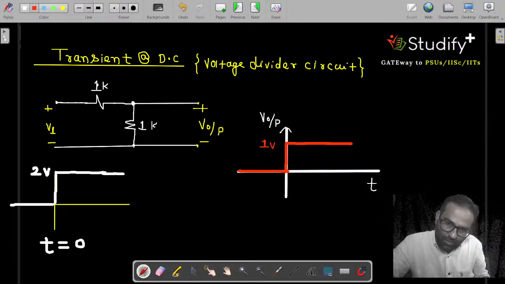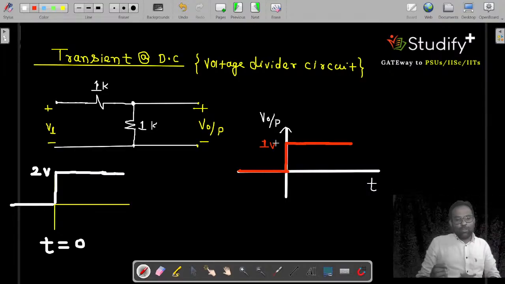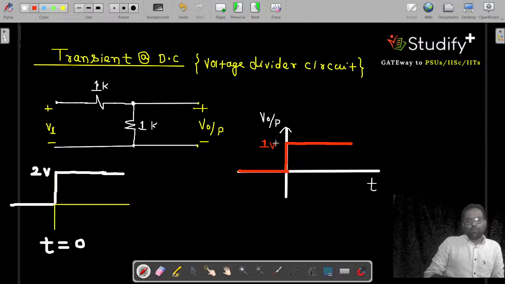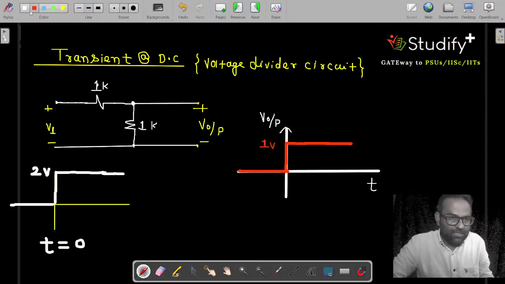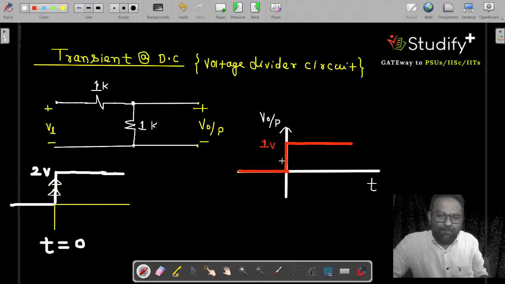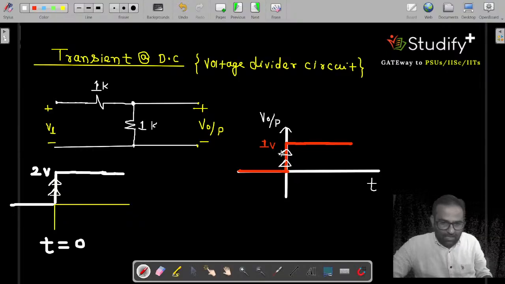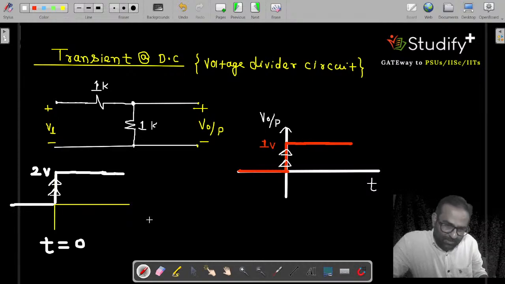So our observation: if the input takes a jump from 0 volt to 2 volt, at the same point of time you have a jump from 0 to 1 volt at the output resistance. So there is no transient, its behavior is the same, abrupt behavior.